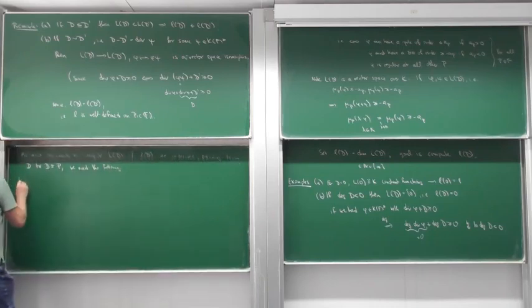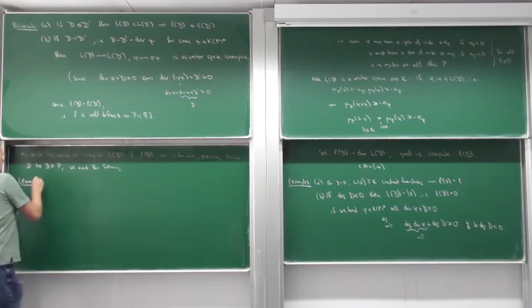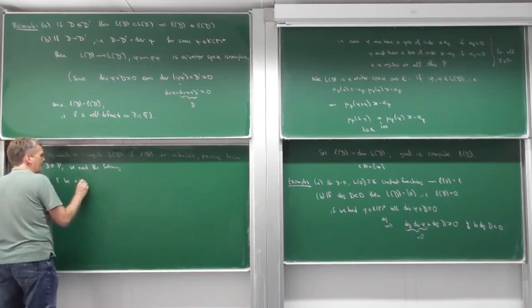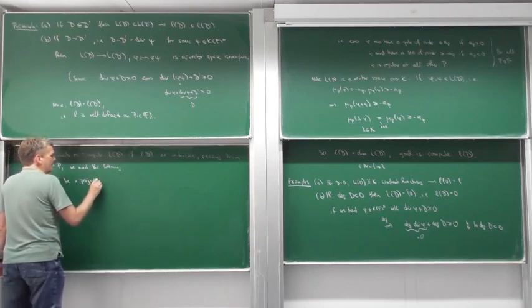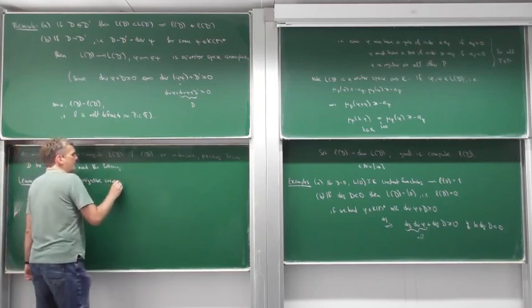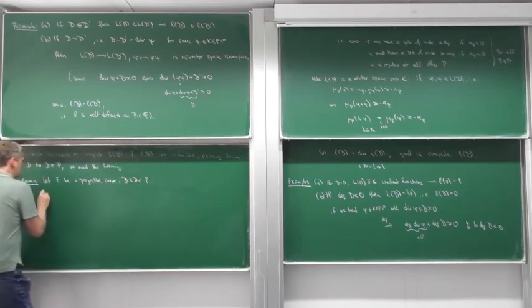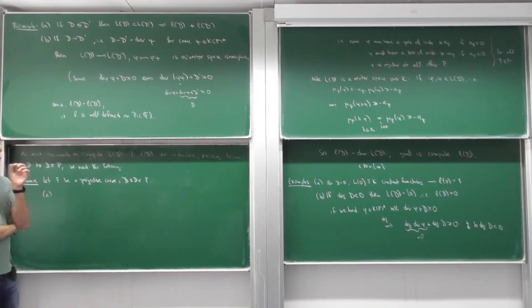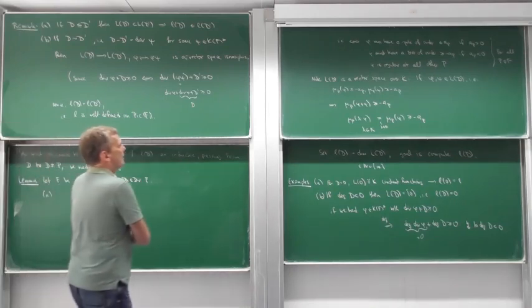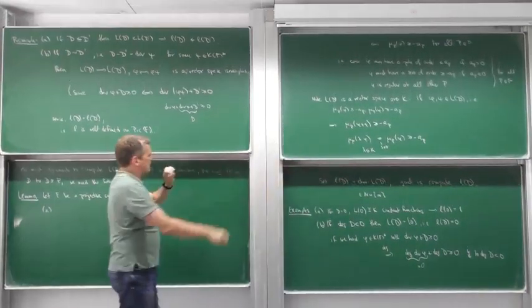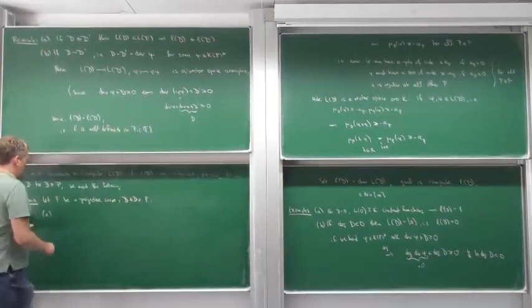We have a small lemma, which is actually useful already to compute some of these numbers. Namely, let F be a projective curve, and say we have a divisor D on that. Then the statement in A is: if we take D plus a point P, so we just add a point to the divisor, then the number little l will either stay the same or go up by 1.